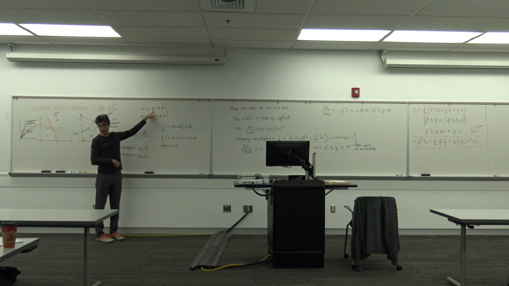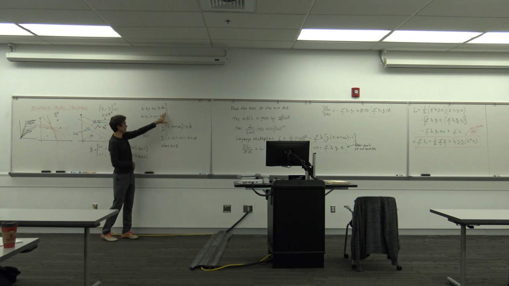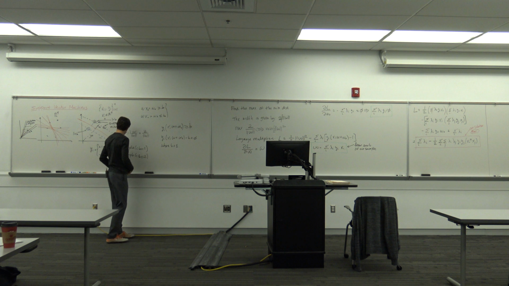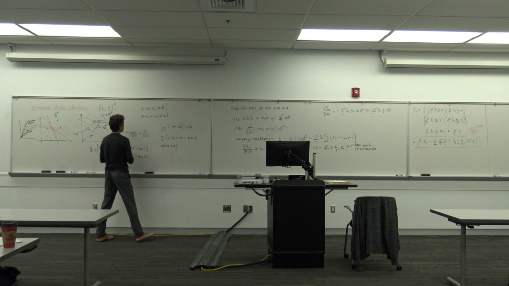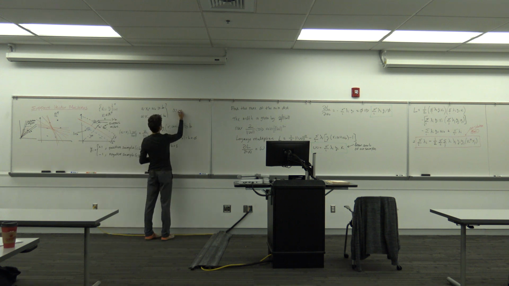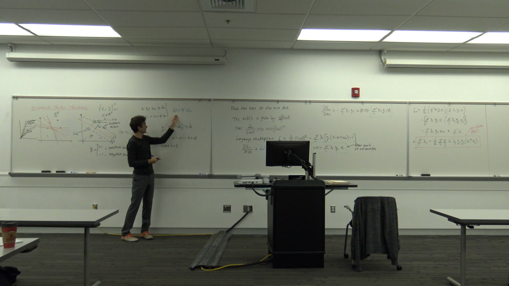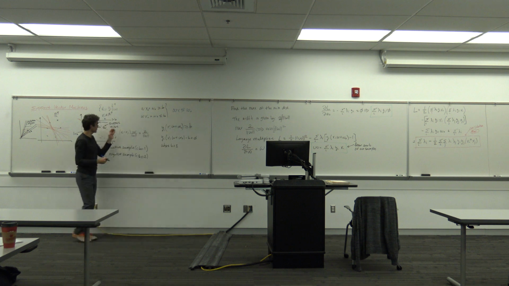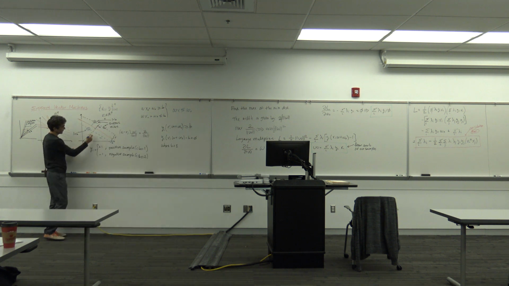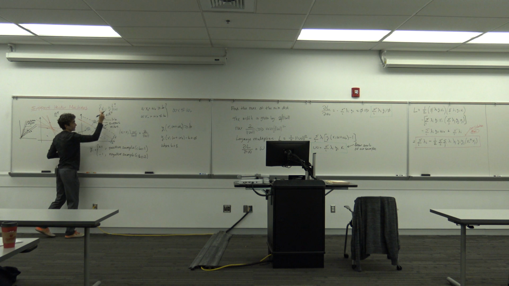So forget about the margin for a while. Your classifier really is Wx larger or smaller than W0, right? When I project my sample here, this vector W defines this hyperplane.